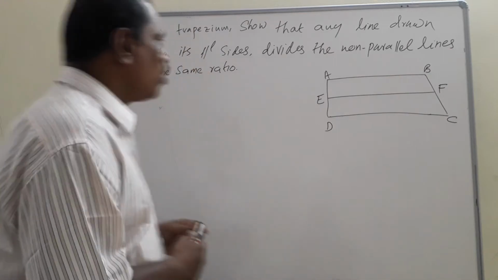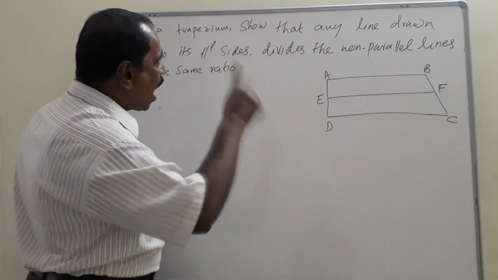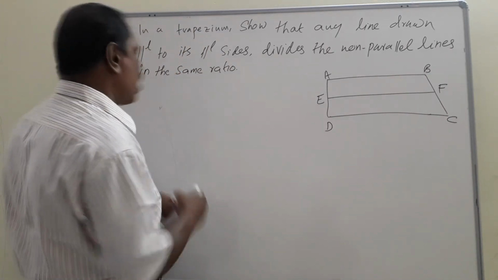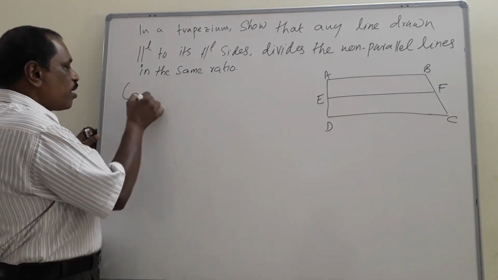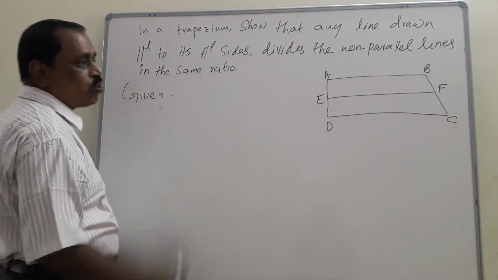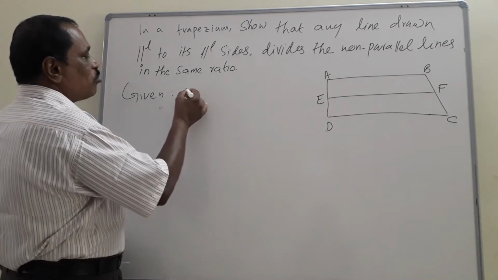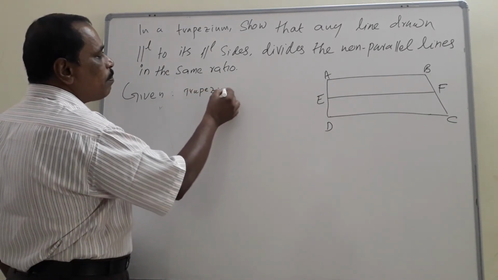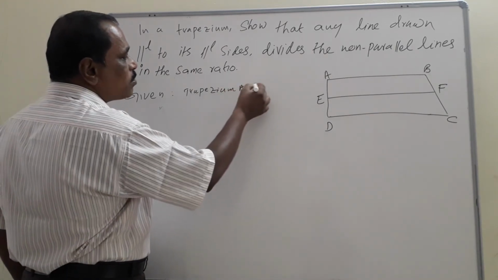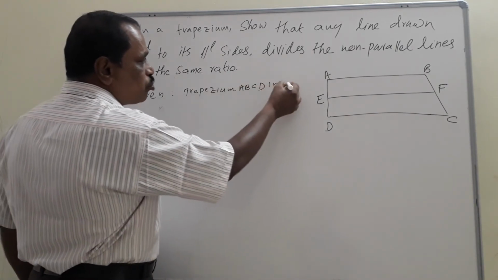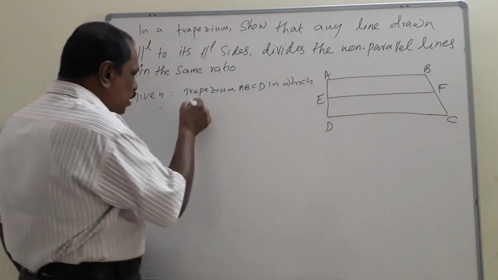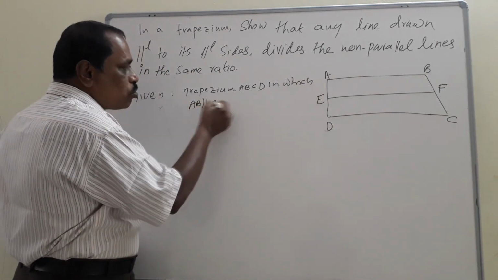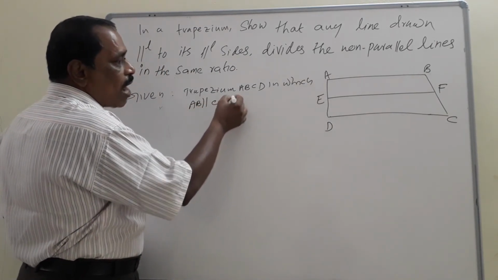Very simple question. Let us do how. So, read the question, the answer is already in the question itself. So, what is given? Given is trapezium ABCD in which AB parallel to CD parallel to EF.